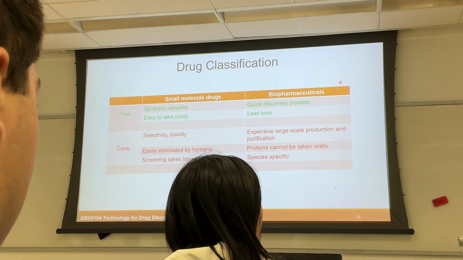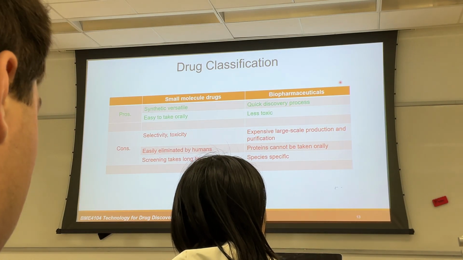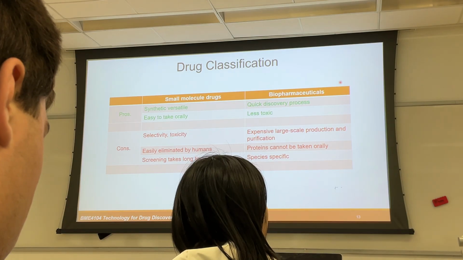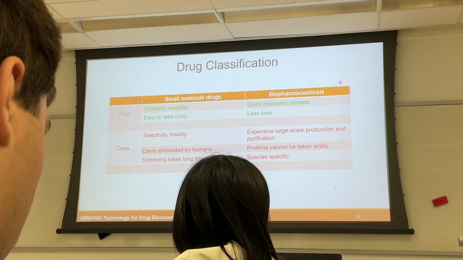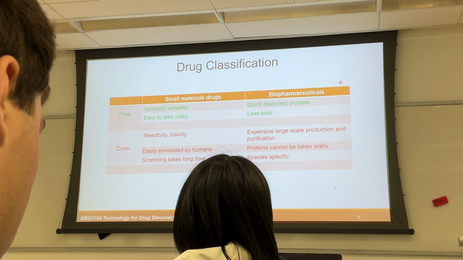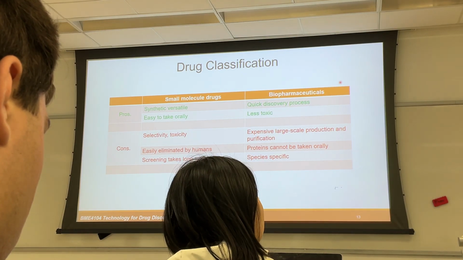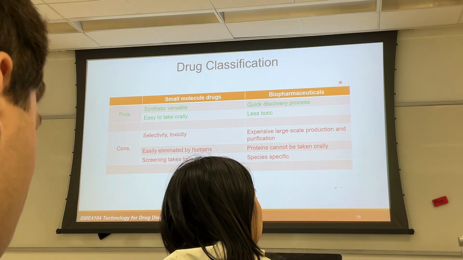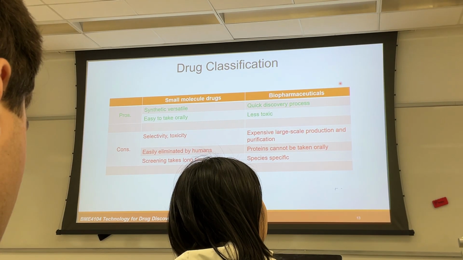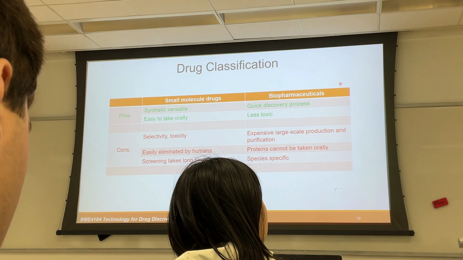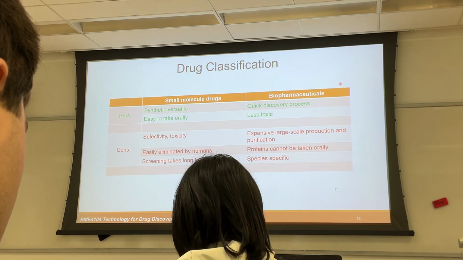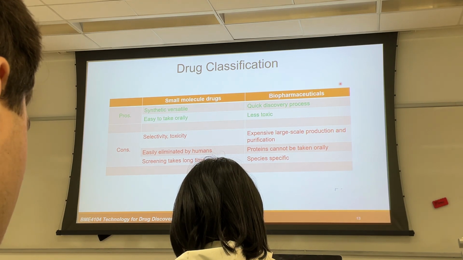So the protein or the amino acid, they're just like meat, right? So these biologics are no exception. If you take them in your GI tract, you have enzymes to break down proteins. So once they're broken down, they lose their structure. So they lose their function. So they don't function as you intend them to.